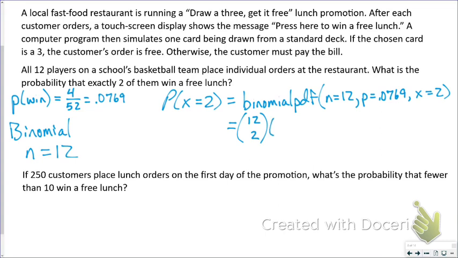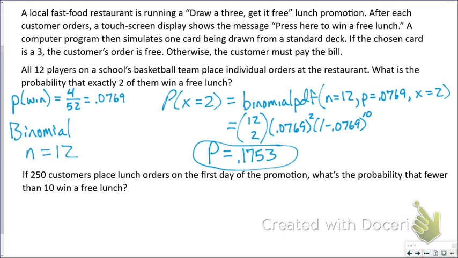Probability of success is 0.0769 raised to the second. And probability of failure raised to the 10th. Notice 2 and 10 add up to 12. So that probability is 0.1753.